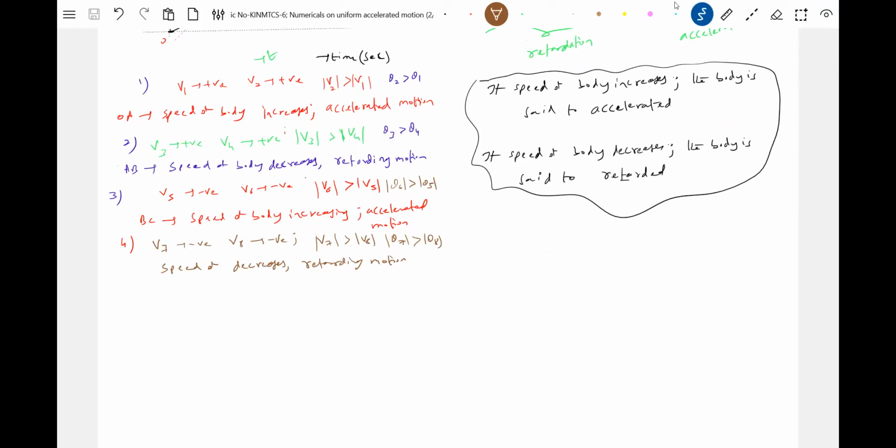This I didn't cover in the beginning because at that time we did not know the idea of acceleration. From the position-time graph, what all can we find out? Once again, I'm revising.